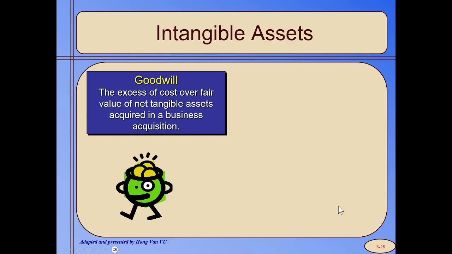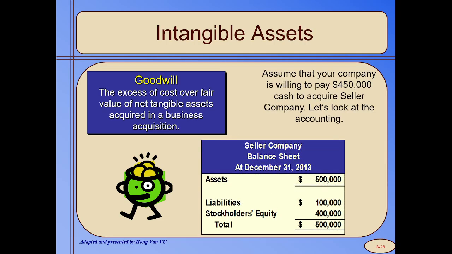Goodwill. Goodwill is the excess of the cost over the fair value of net tangible assets acquired in a business combination. The company is willing to pay $450,000 to acquire the seller company. Here is the balance sheet of the company just prior to the transaction.